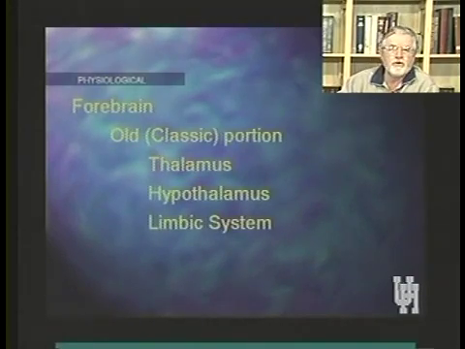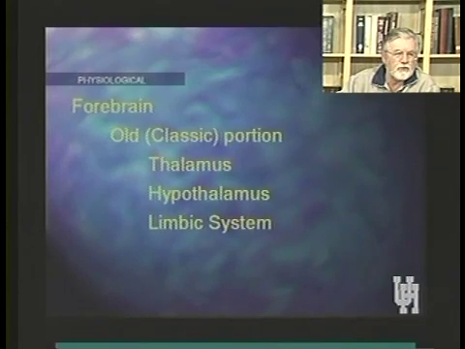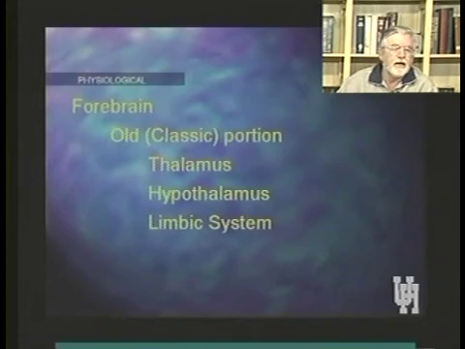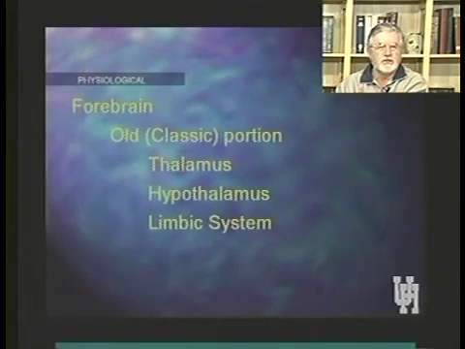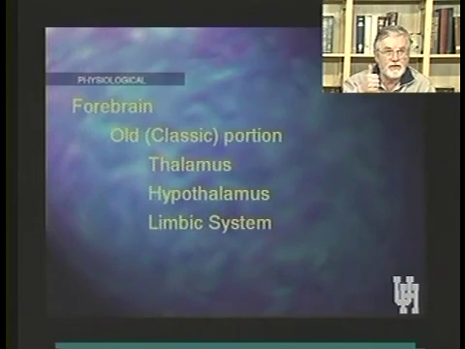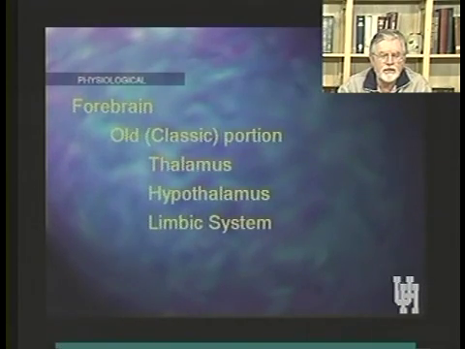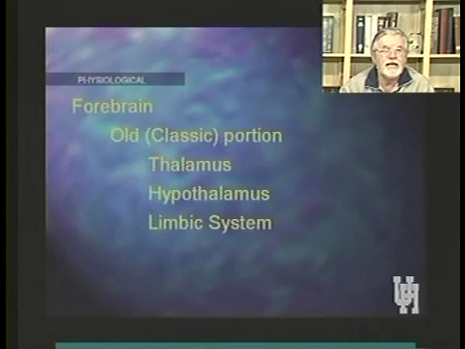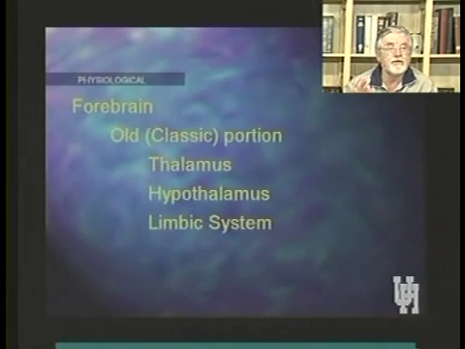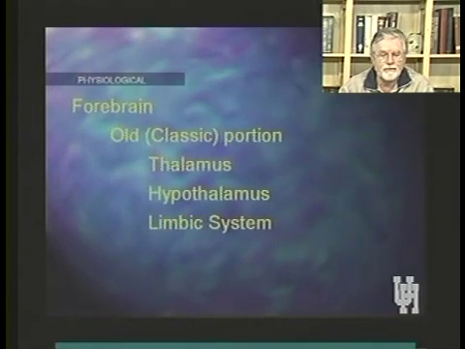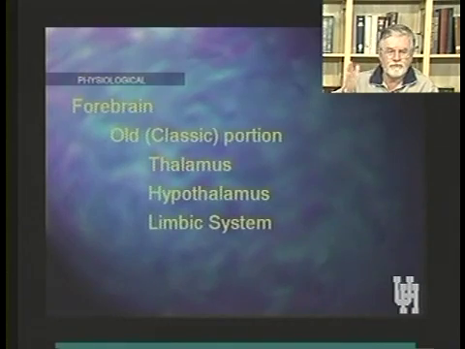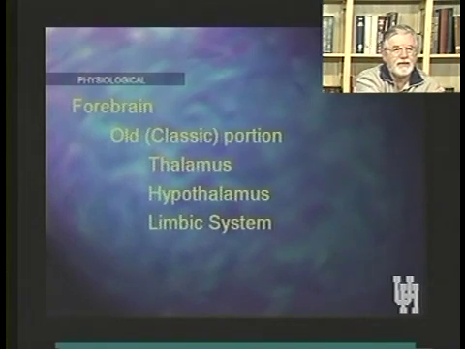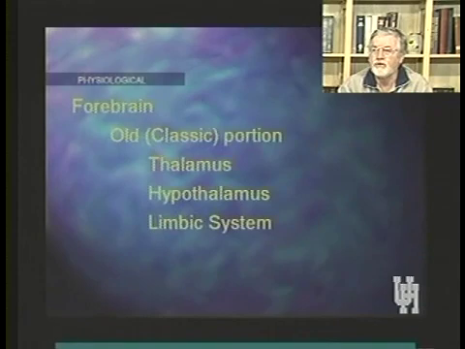The reason this is referred to as the old or classic part of the brain is because if you take a course, for instance, in chordate anatomy, and you lay out the central nervous systems of various beasts of varying degree of sophistication, with us being at the top end of sophistication, what you find is that the thalamus, the hypothalamus, and the limbic system are represented physiologically further back in the organisms than things like the cortex and the neocortex, which we'll get to in a minute.